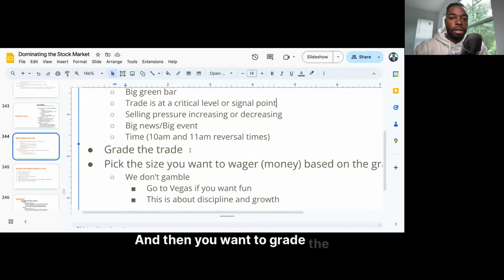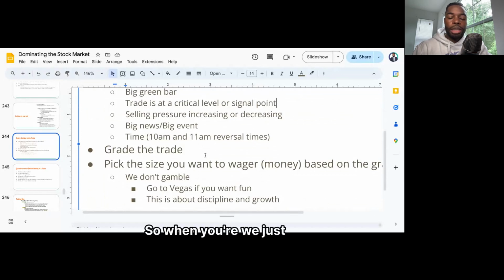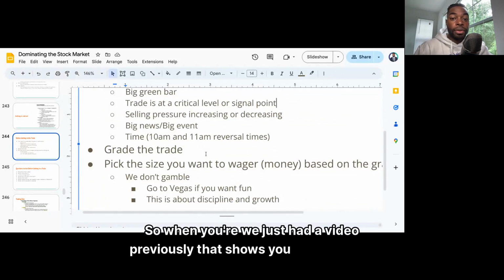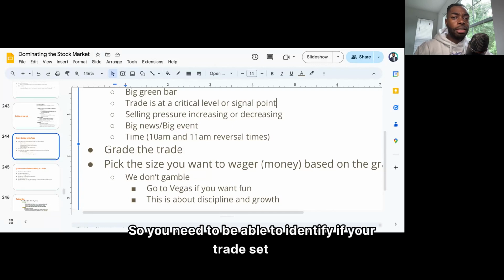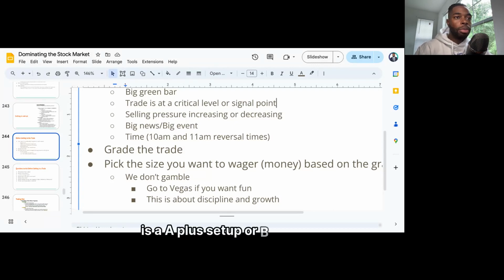And then you want to grade the trade. We just had a video previously that shows you how to grade trades and how to get into trades, mark up the charts. You need to be able to identify if your trade setup is an A+ setup, or a B+ setup, a C- or a D. Like, you don't want to take it at all. You need to grade the trade.